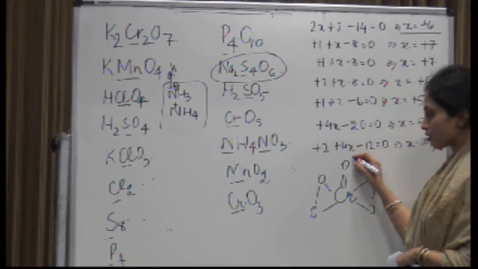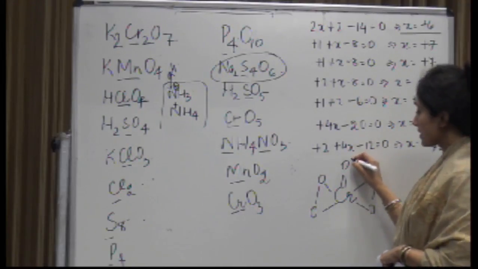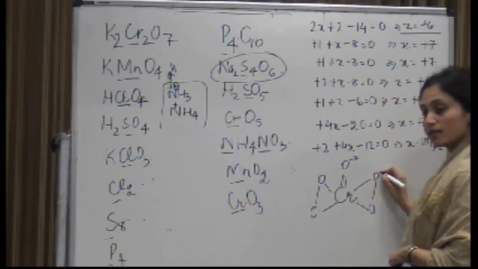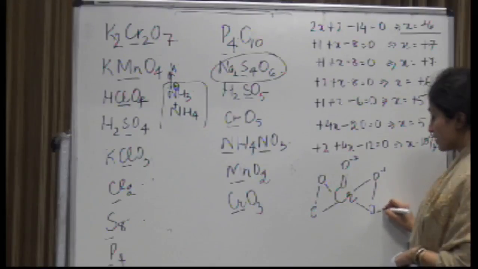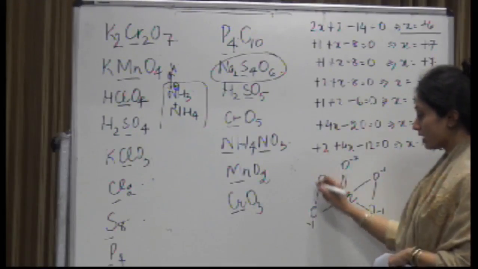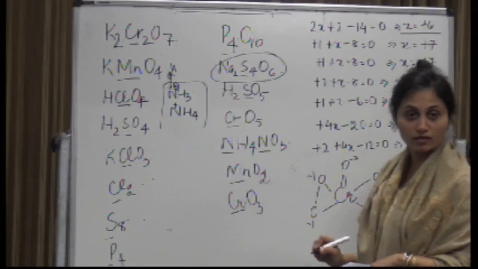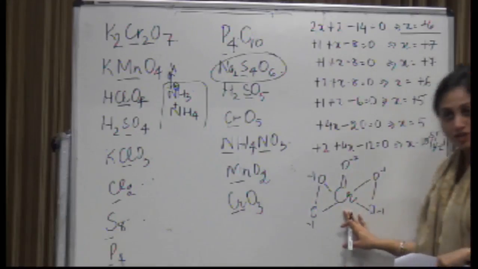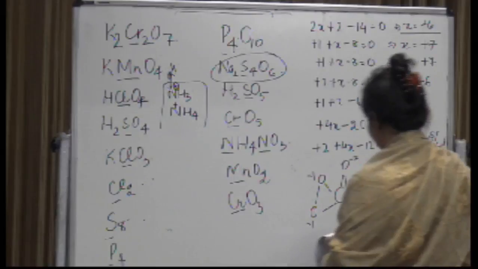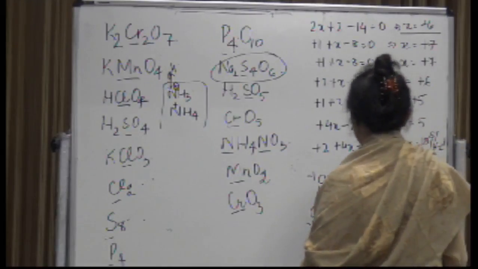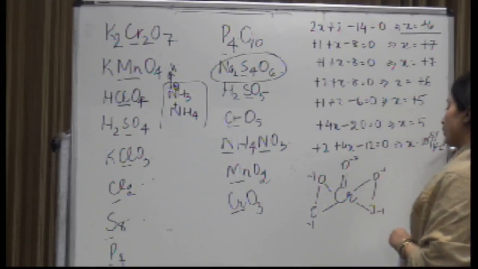So the oxidation state of this O is -2, this is -1, -1, -1 and -1. Okay, remember, draw the structure of CrO5 first. All of you draw the structure of CrO5.